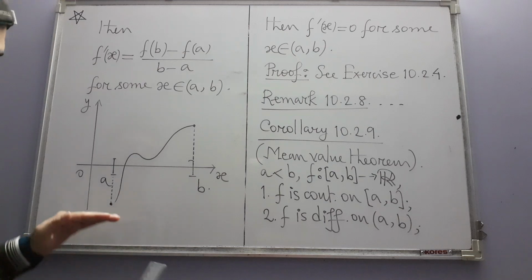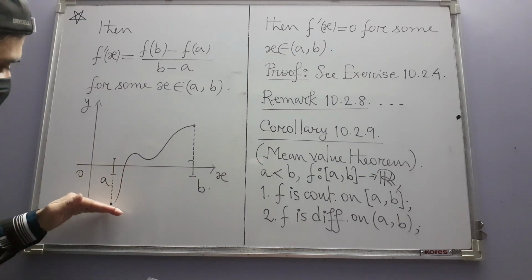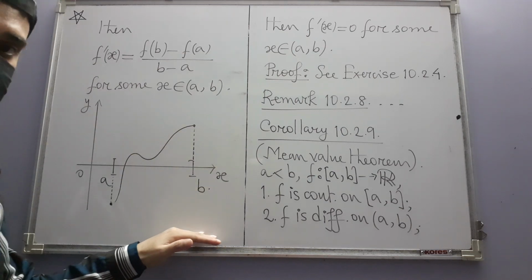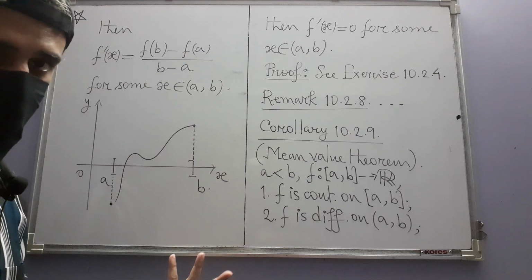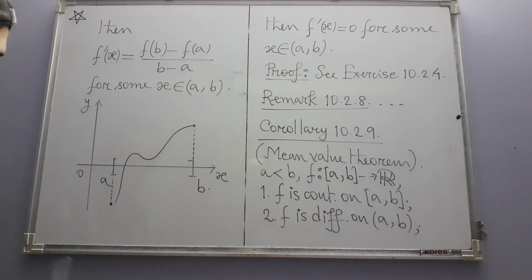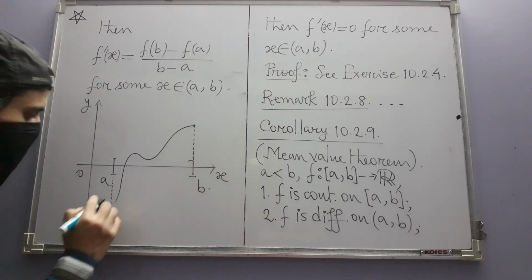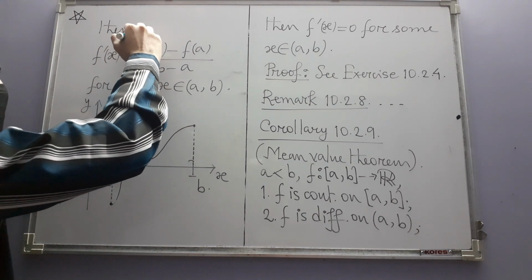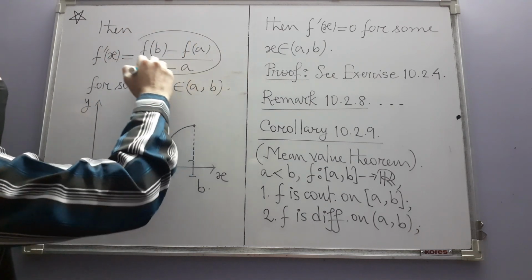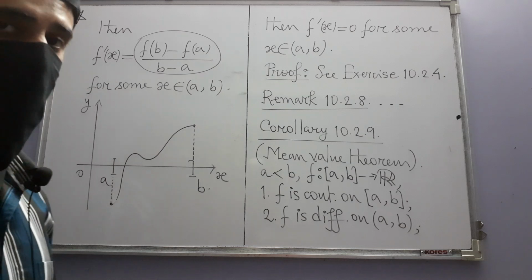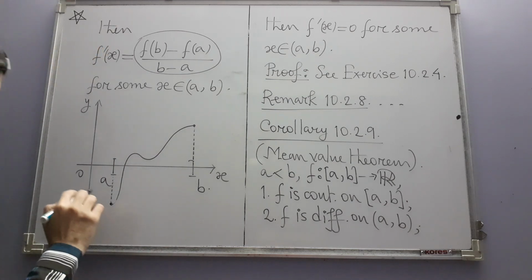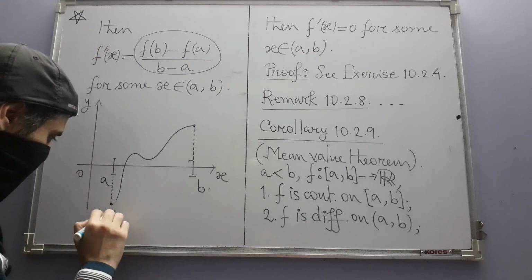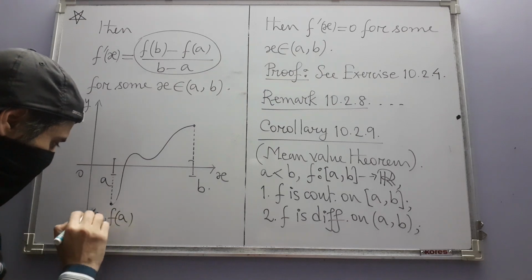You of course understand that f of a may be positive, f of b may be negative, both may be positive, both may be negative, all possibilities are there. One of them is this. Alright, now looking at this quantity, what do you recall from coordinate geometry? Is this point not the point a comma f of a?